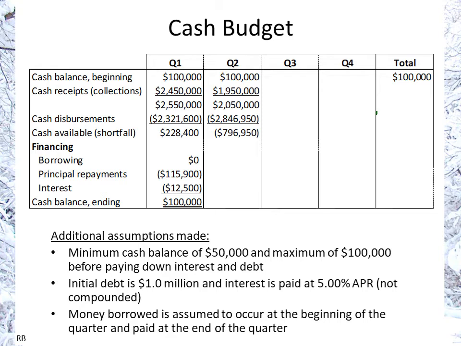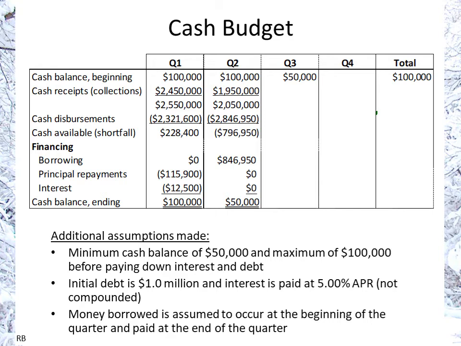That means we need to borrow, and we need to maintain, as we assumed here, a cash balance of 50,000. So we're going to borrow 50,000 more than the 796,000, and that means 846. We're going to end with a cash balance of 50,000. Again, that's how we begin the next quarter.